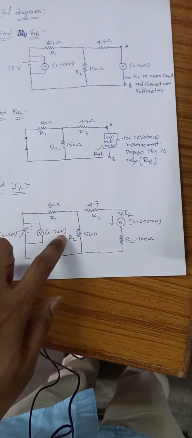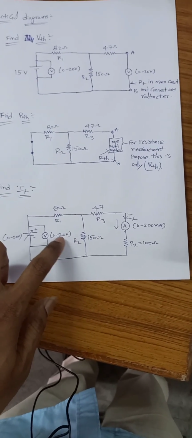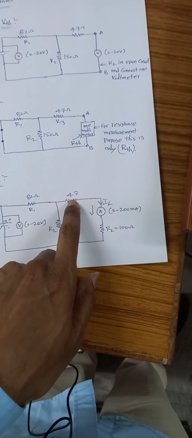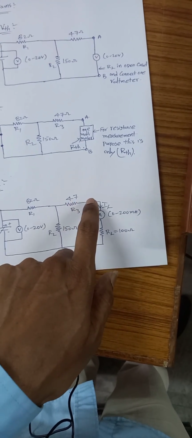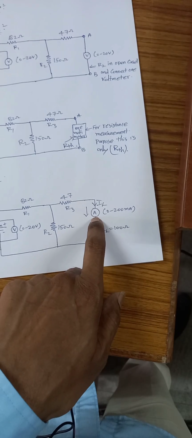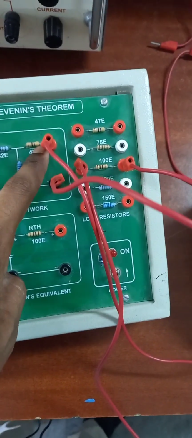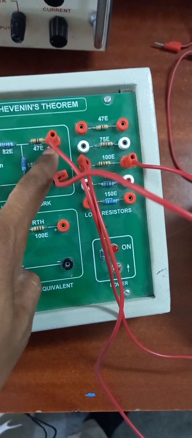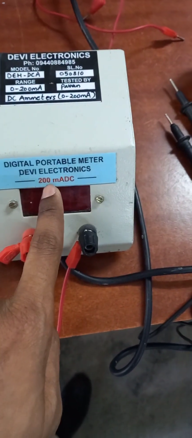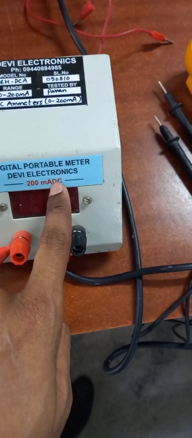Remaining all the resistances are the same here, there is no change. And you remember, for the 47 ohm resistance, the second terminal will be connected to the DC ammeter, a 200 milliammeter DC ammeter.